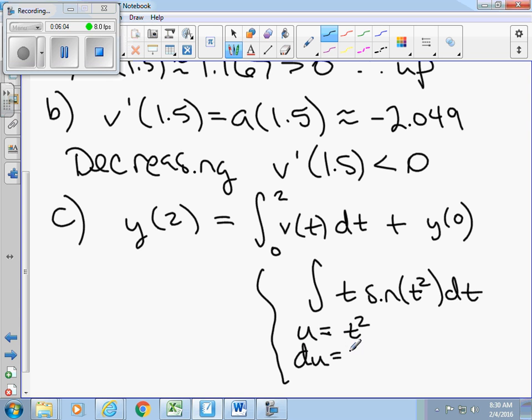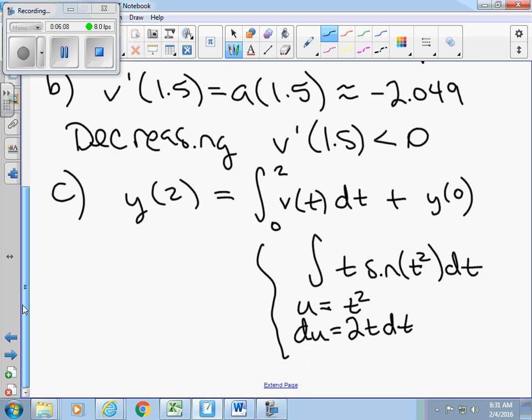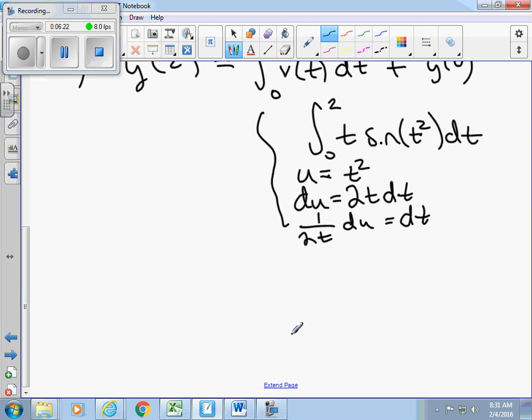Du would then be 2t dt. And I am going from 0 to 2. I'm going to go ahead and put that on here too. So I get 1 over 2t du is dt. I'm going to change my endpoints.